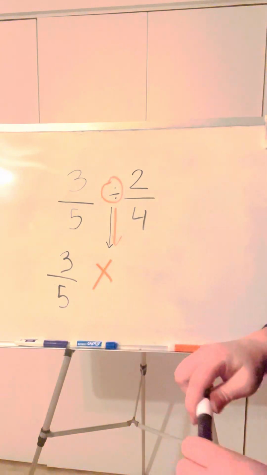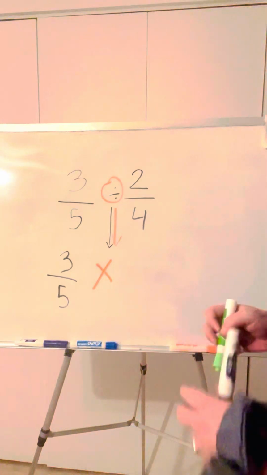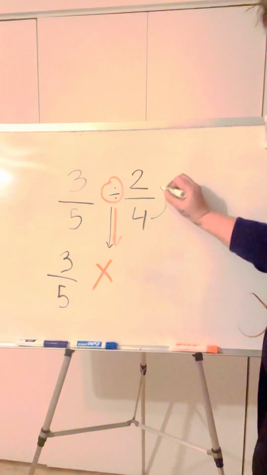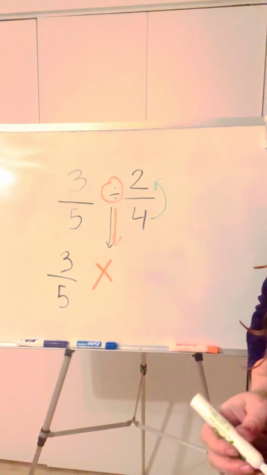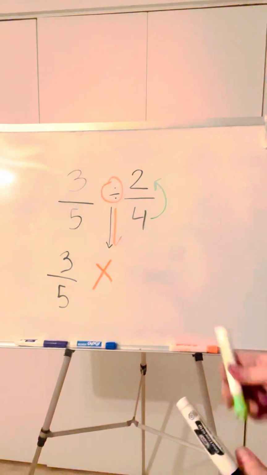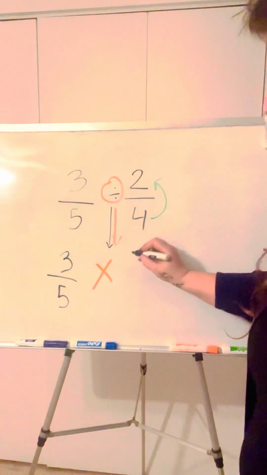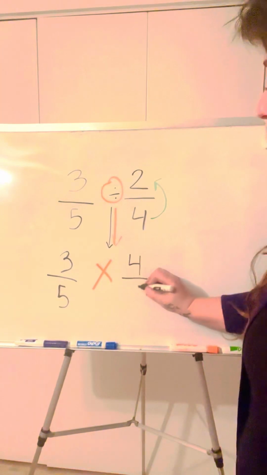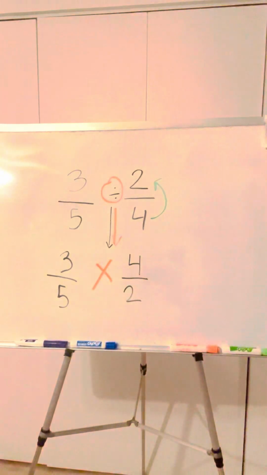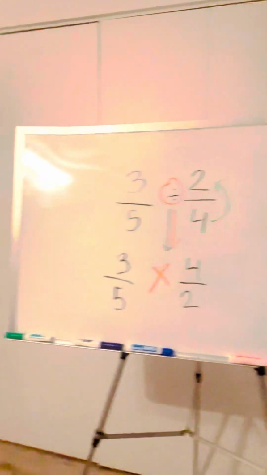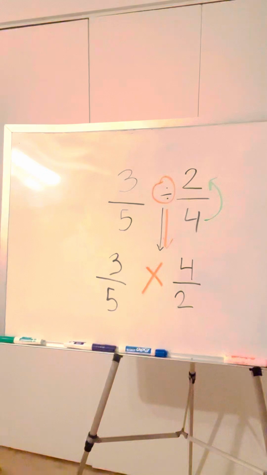Then, I will use a different color marker again. We need to switch the numerator and the denominator. So, the numerator becomes a 4, the denominator becomes a 2. Okay? Pause the video if you need to see what I did there.